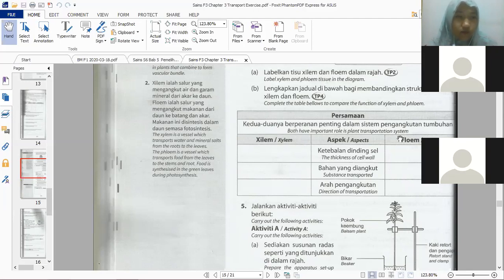Okay, so now this one, teacher thinks maybe you are not very clear, right? For xylem, teacher said just now it transports minerals and water to all parts of the plant from the roots. So it must be against gravity. Right? Because from the roots to all parts of the plant that are up high, such as the stem, leaves, or flowers, they need the water.